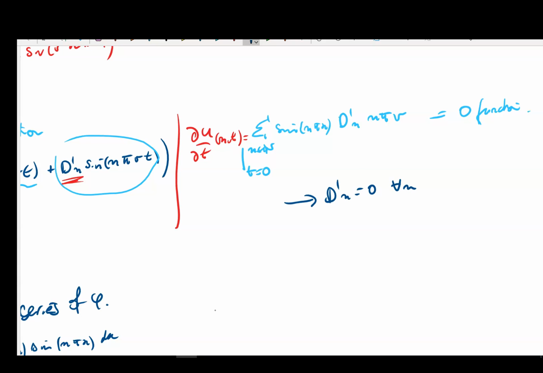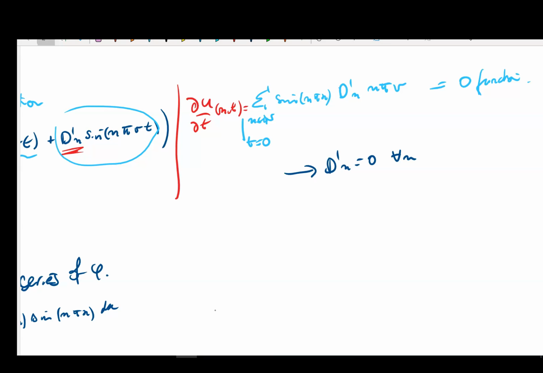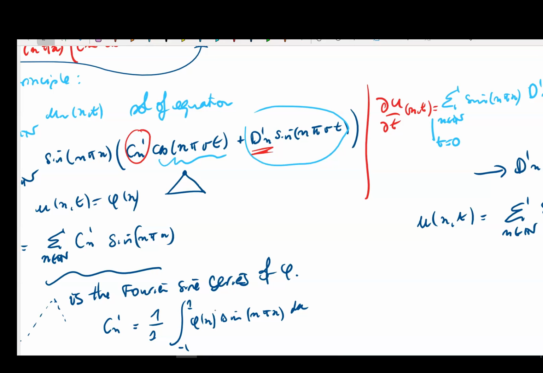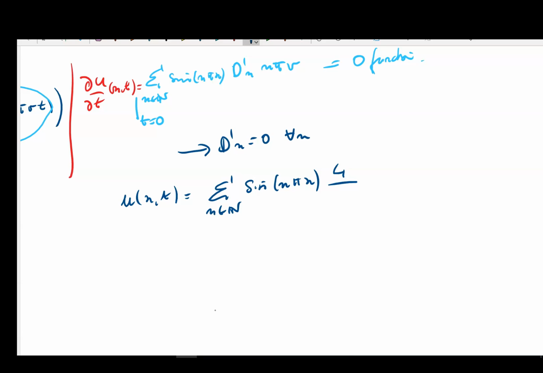Okay, and finally, I can write that my solution is given by u of x,t is my sum of the sine n pi x, so the d prime is 0, and I just have got my c prime n, which was 4 over n squared pi squared sine n pi over 2, times my cosine n pi v t.